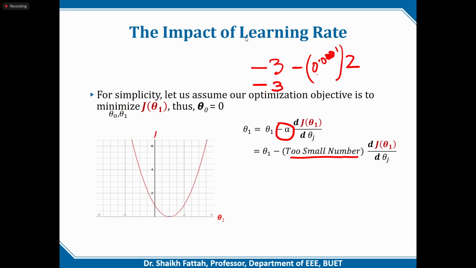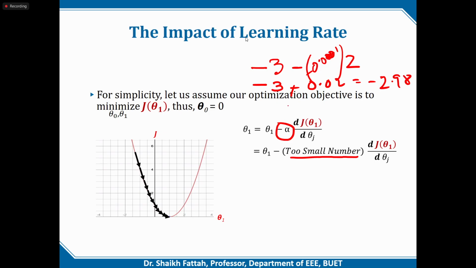Even if you set 0.01, you get 2.98, even slower. So if your alpha is very small, you move slowly, slowly, slowly. If your alpha is too small, you reach the final destination very slowly. This is not expected. This is a fault.